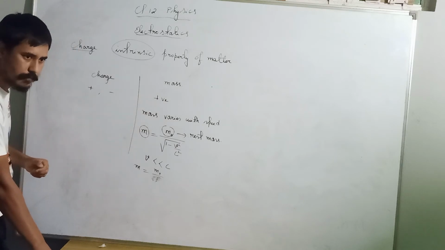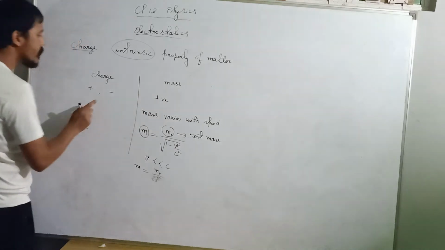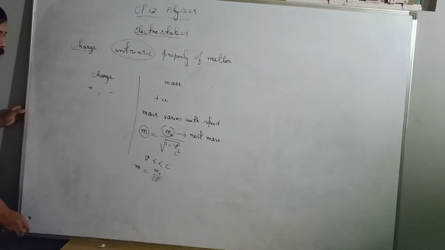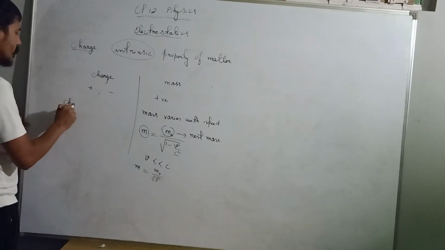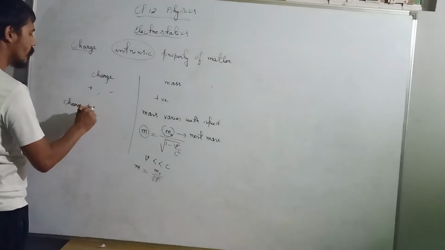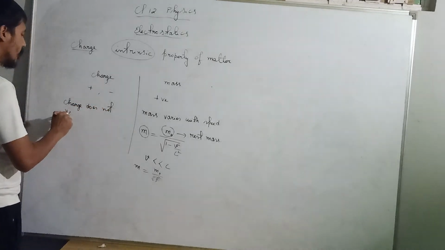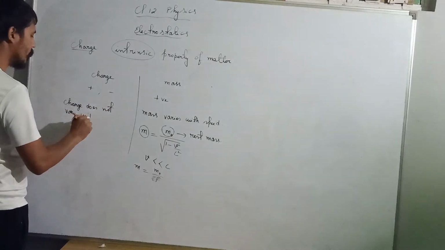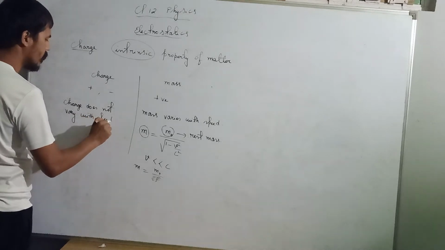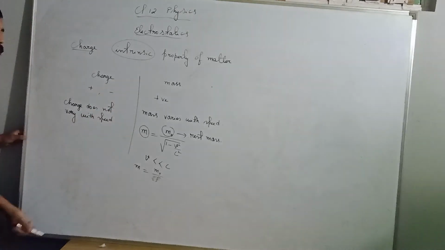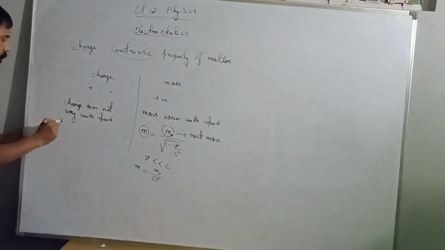Alright? But for an electric charge, charge does not vary with speed. Suppose electrons, charged particles, move at this speed.